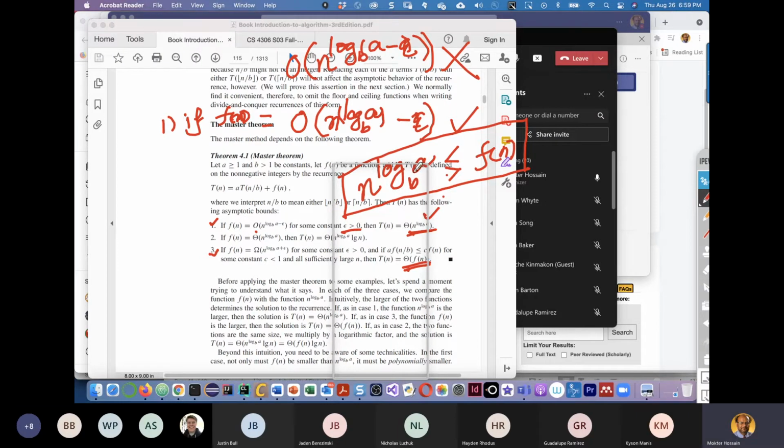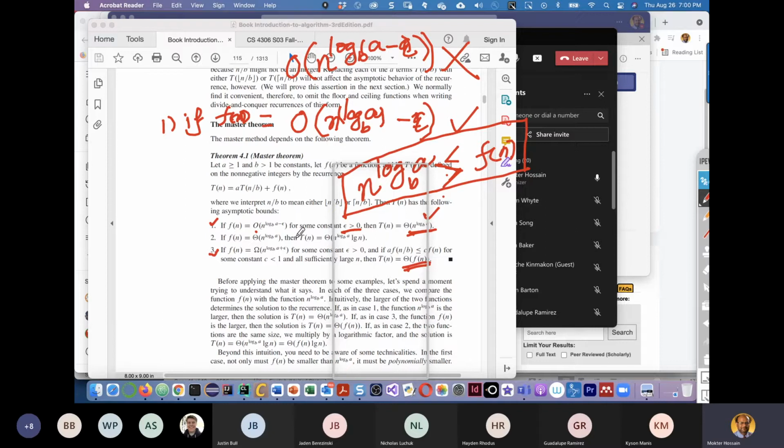This is why we have the running time as this part. But case 3, that means f(n) equals this plus something, that means f(n) is the larger between these two. So then the result is theta of f(n).